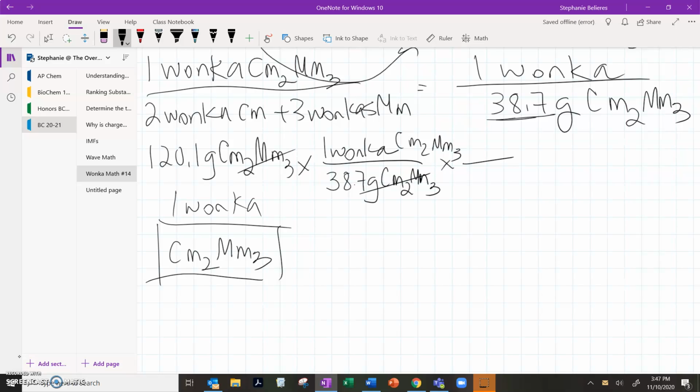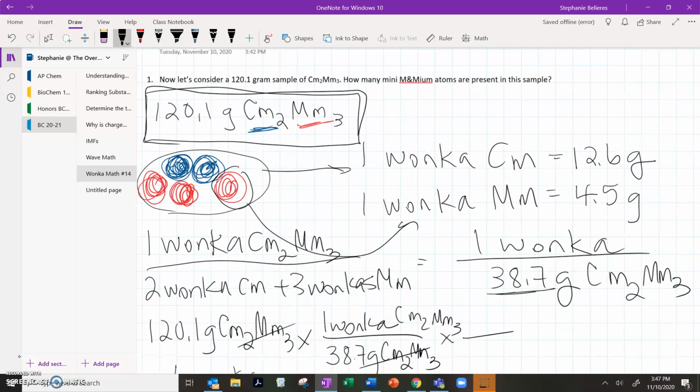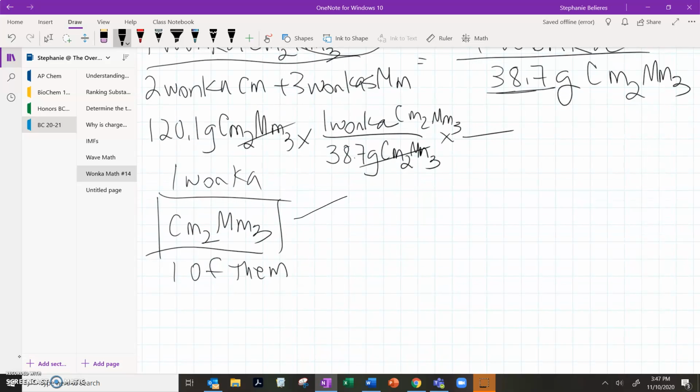Well, instead of thinking about Wonkas now, let's just break this apart. Let's say I have just a single one of these. If I were to break this apart into pieces, I would get 2 CMs and 3 MMs, right?